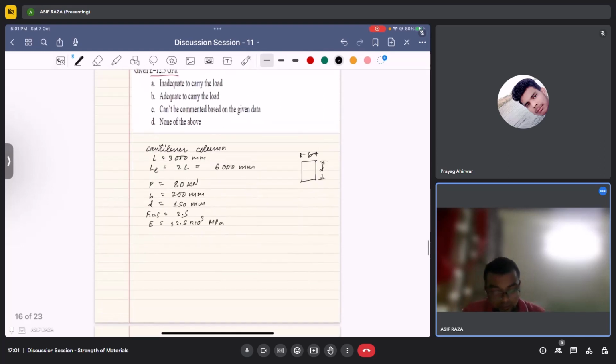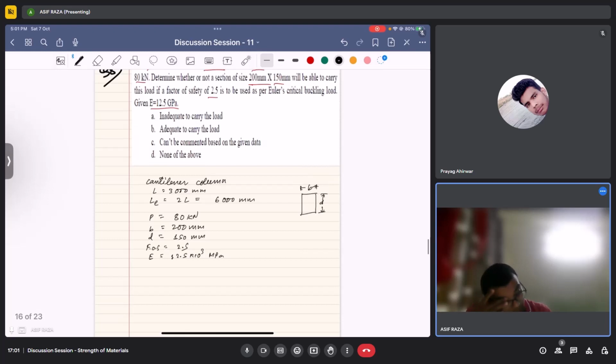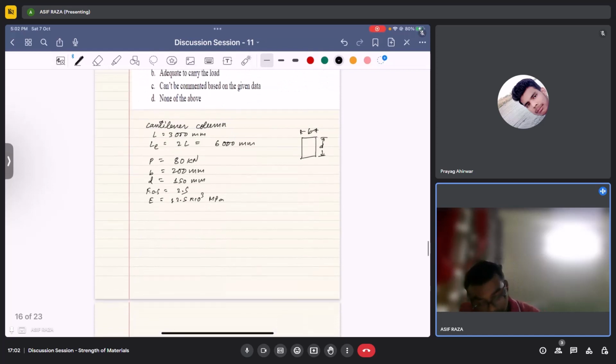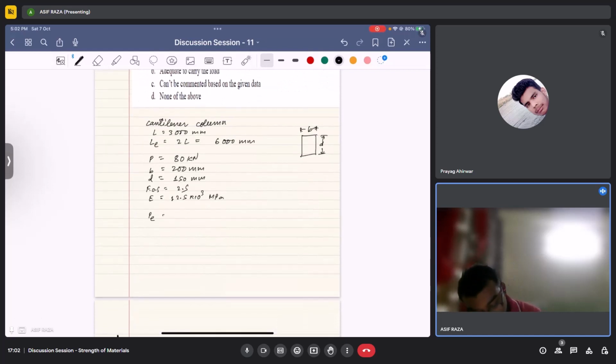So let us find what would be my Euler buckling load for this system. The Euler buckling load is given by relation pi square E I minimum upon L E square.